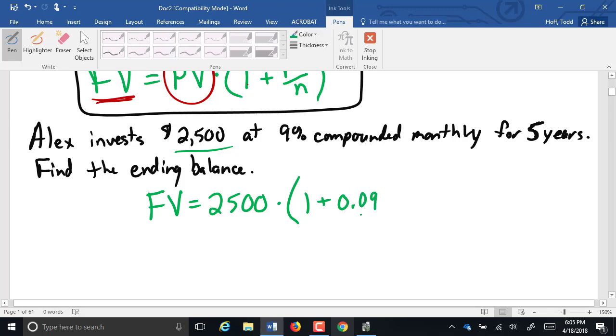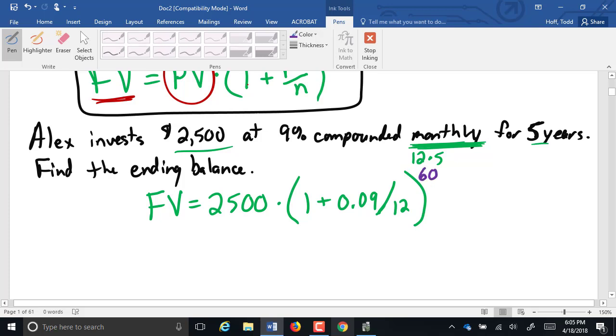And that's going to be divided by, monthly means how many periods in a year? Careful, you're thinking quarterly. 12, there you go. So divided by 12, that closes our parentheses. Our power then is 12, that's N still, times 5. What is 12 times 5?